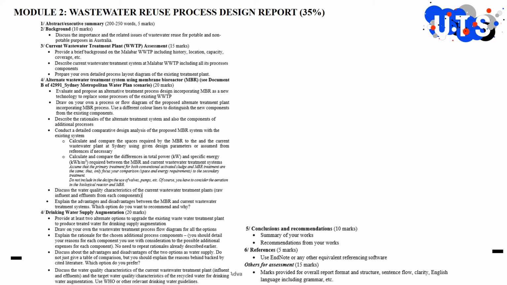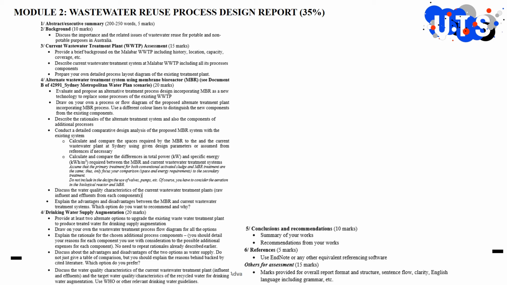No need to repeat the rationales already described earlier. Also, you can discuss the advantages and disadvantages of the 2 options as water supply. Do not just give a comparison table, but explain the reasons behind it, backed by cited literature.